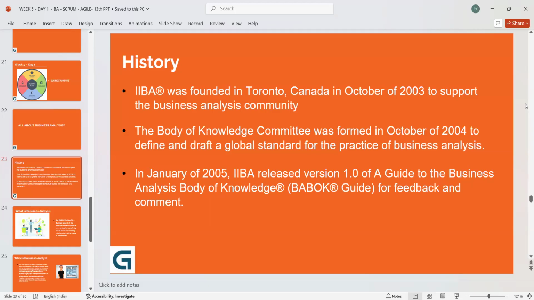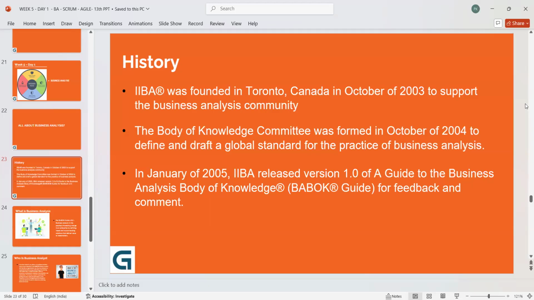Next point. The Body of Knowledge Committee was formed in October of 2004, to draft a global standard for the practice of business analysis. So this was the start, how we have the Project Management Body of Knowledge, PMBOK, it's the same way we have BABOK, Business Analysis Body of Knowledge. So that was founded in 2004.